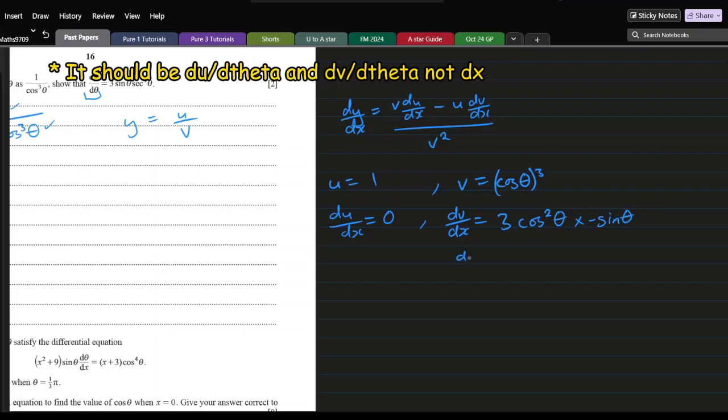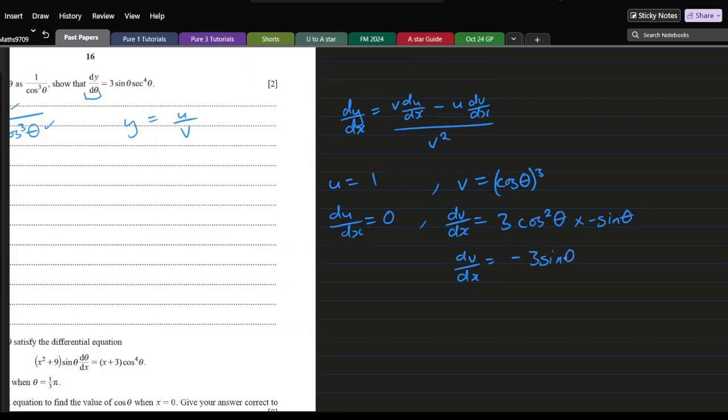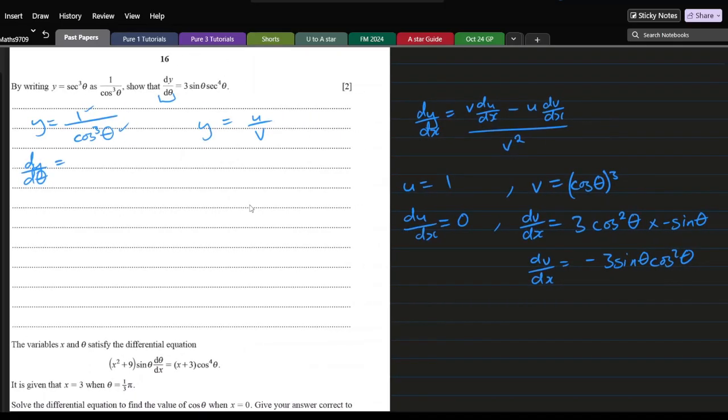So dv dx is equal to negative 3 sine theta cos squared theta. Alright, yeah, this should be with respect to theta, not with respect to x, my bad. So everywhere where we've got a dx here, that should be d theta.